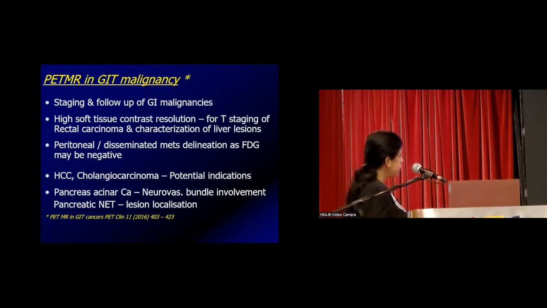Also, we have a lot of information provided by a wholesome PET-MR imaging, because our FDG PET avidity is slightly blunted in peritoneal and disseminated metastasis, which can be circumvented by using a complementary MR imaging. So in those cases, a PET-MR imaging helps us to upstage the disease.